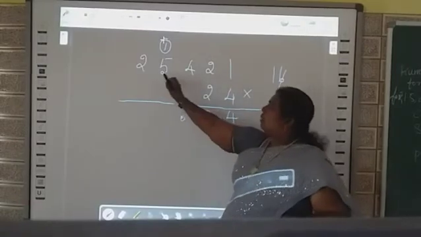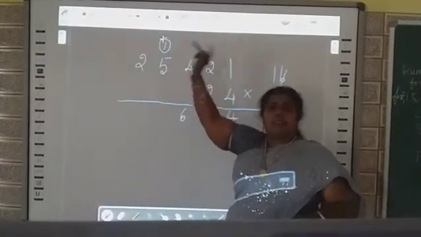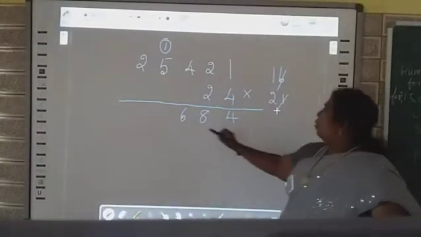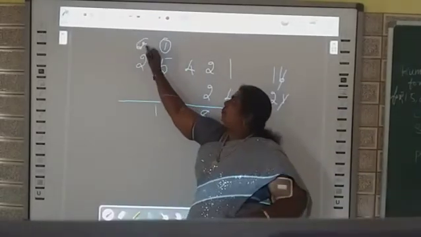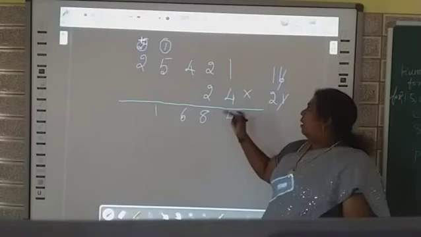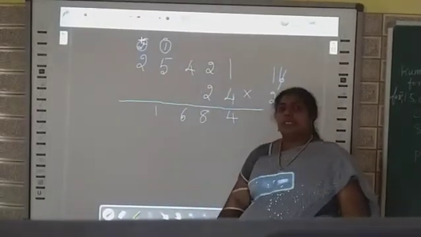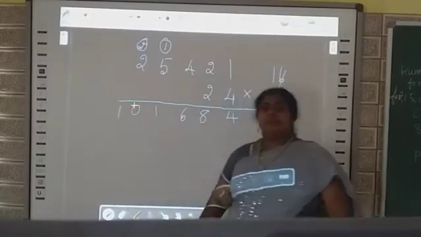Then 4 times 5 are how much? 20. You have to add that carryover: 20 plus 1, 21, isn't it? But you are going to write only 1 here. Then 2 is carryover. Understand? Then 4 times 2 are 8. 8 plus 2, how much? 10 will come, right? After that there is no number, so write the 10 as it is.